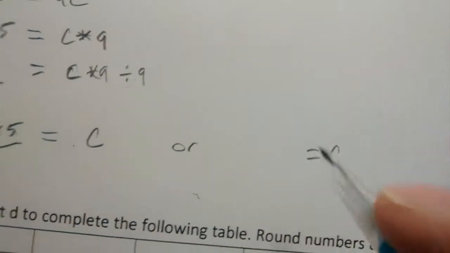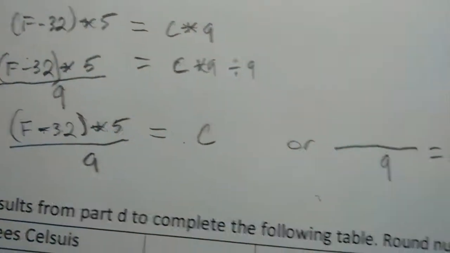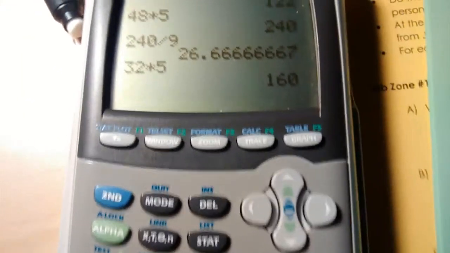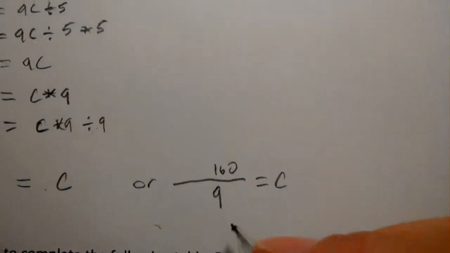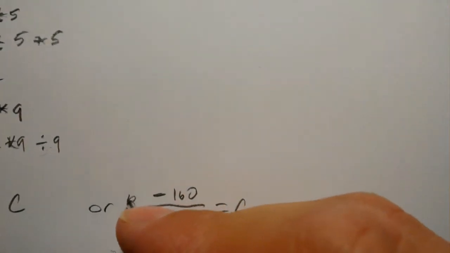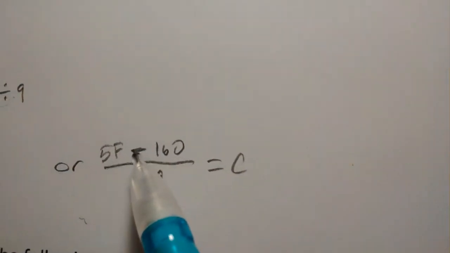It could be c equals all of that over 9, and then 5 times 32, 160, subtracted from 5 times f, or just 5f. So that's another way you can write that.